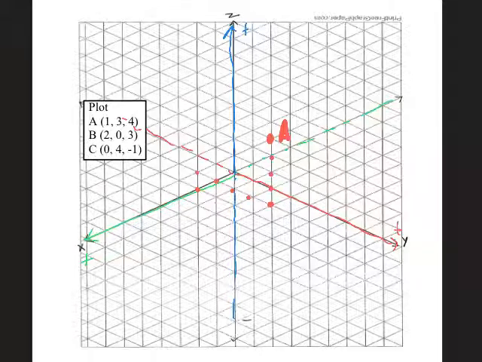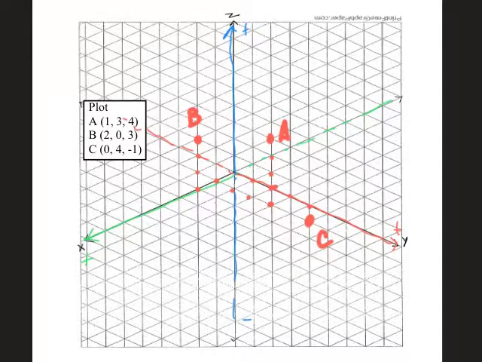And then up 3. So there is point B. Oh, I'm sorry, that was B. And lastly, we have C. No x, 4 to the right, and then down 1. So this is point C.